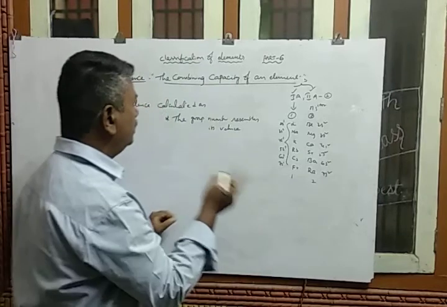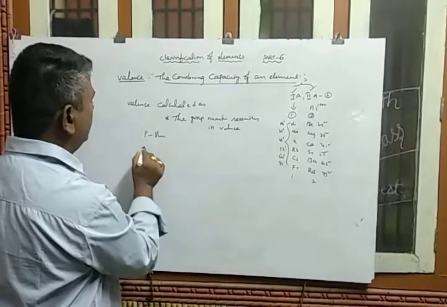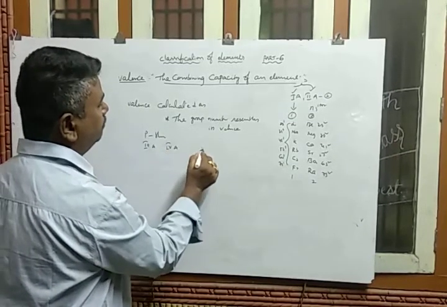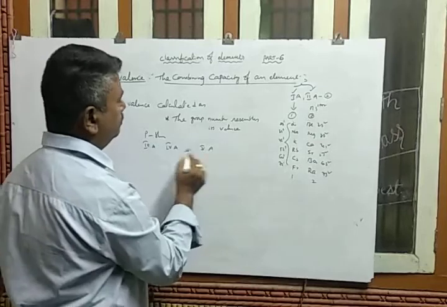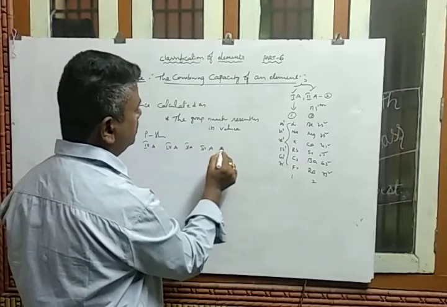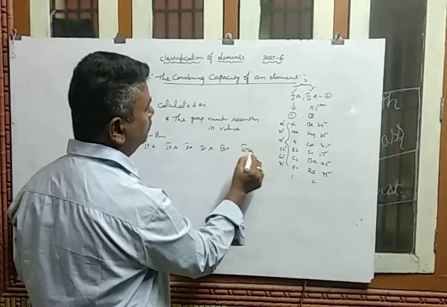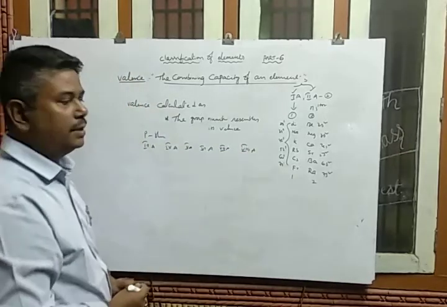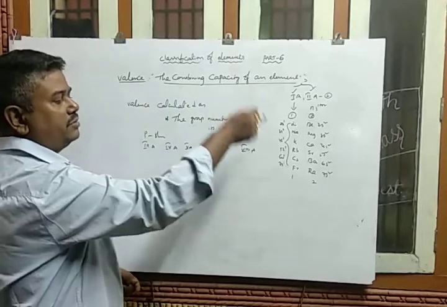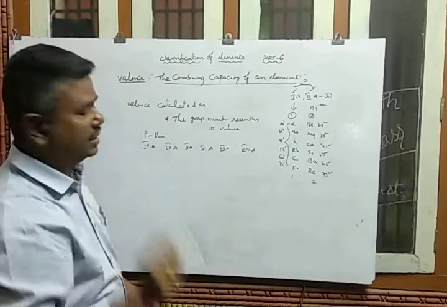Whereas in the case of the p block, it consists of third A, fourth A, fifth A, sixth A, seventh A, and eighth A. Observe the first and second groups: the valency is 1 and 2, that means the group number resembles the valency.